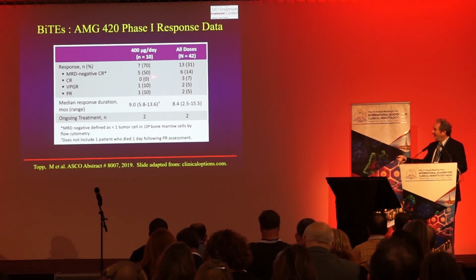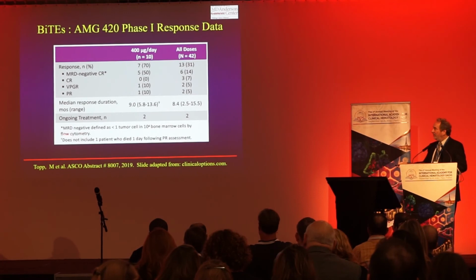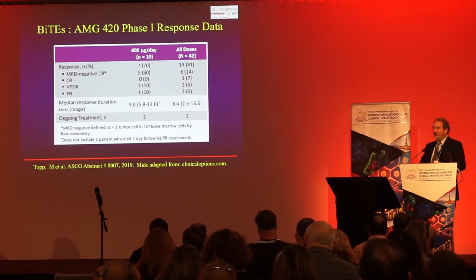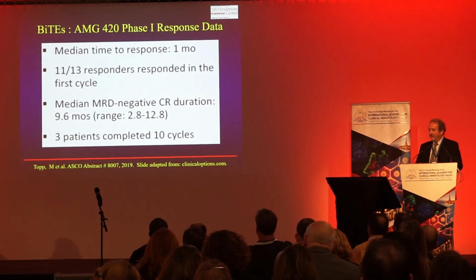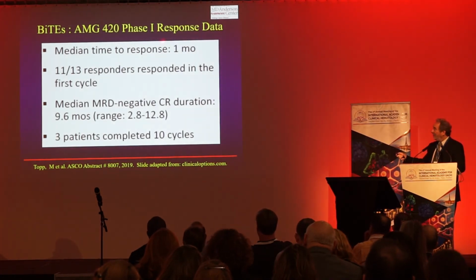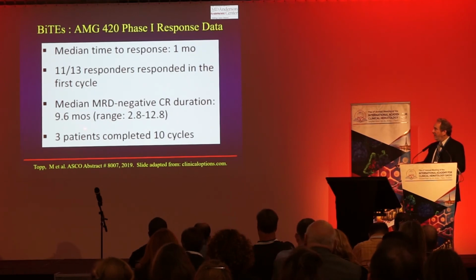You can see a 70% response rate in relapsed and refractory disease, including some people that achieved complete remission with MRD negativity, although the stringency of the MRD testing was not as high as perhaps some of us would have liked, but it does give you a rapid response and a pretty good median duration of MRD-negative CR.